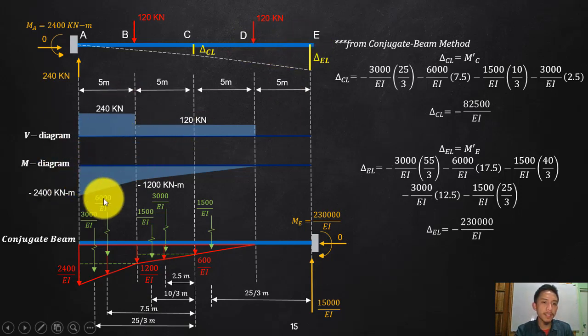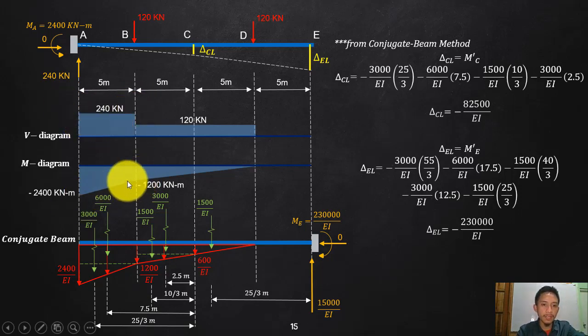And then the moment diagram, let's start. There is a moment at point A, so there is already a moment there that's counterclockwise, so a negative 2400. And the area here is 240 times 5, you will end up there with 1200. So negative 2400 plus this positive 1200 will end up a negative 1200. And that is straight, so this will become inclined.